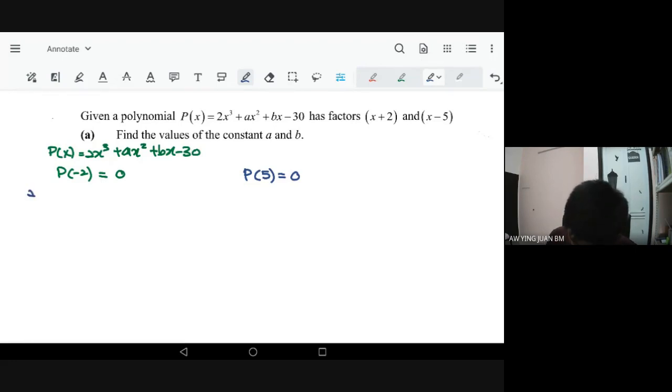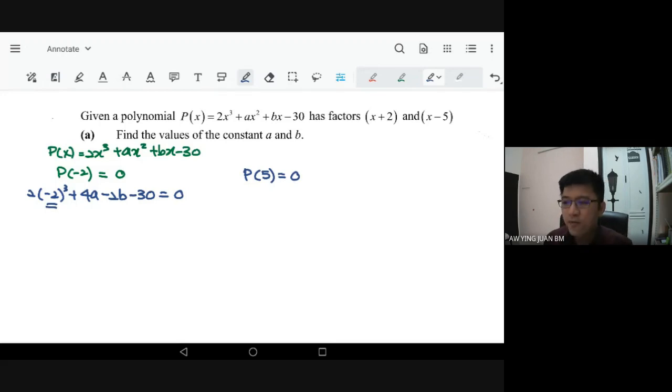So 2 multiplied with negative 2 to the power of 3, plus we have 4a minus 2b minus 30 equals to 0. So simplify. For this part, we have negative 8. Negative 8 multiplied with the 2, we have negative 16.